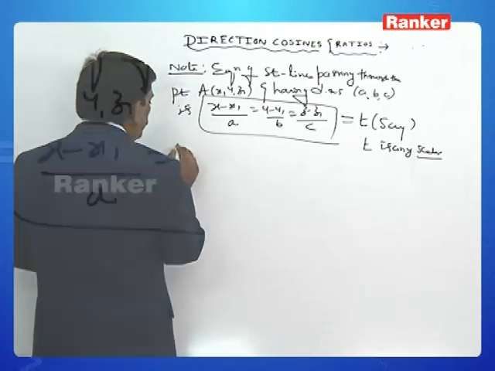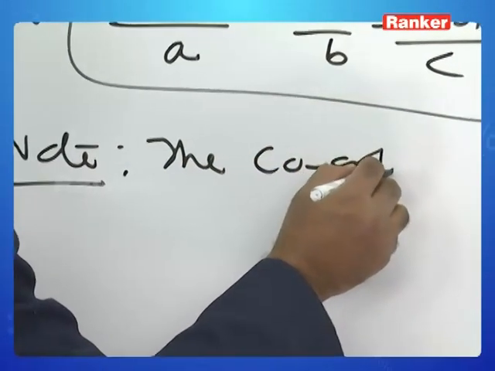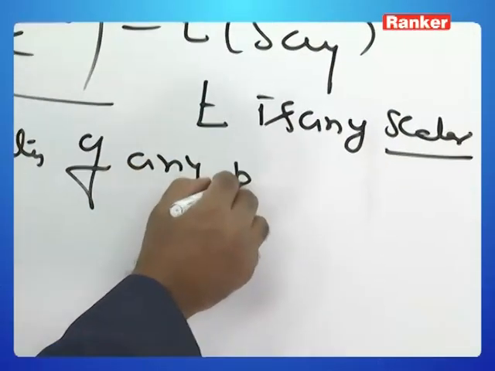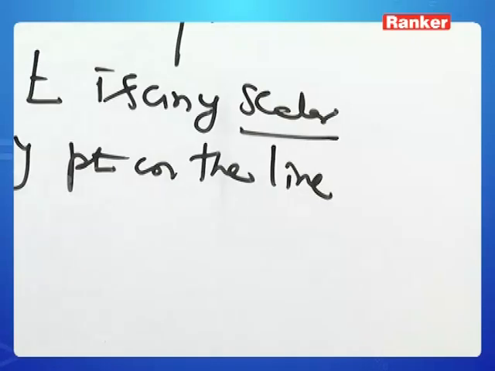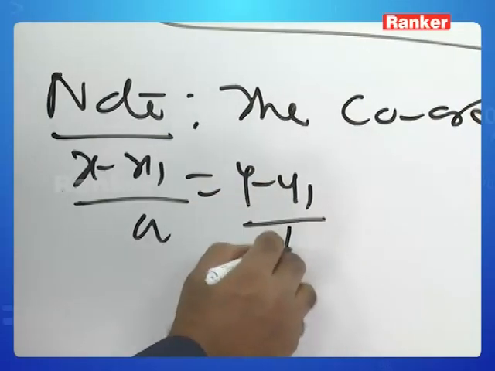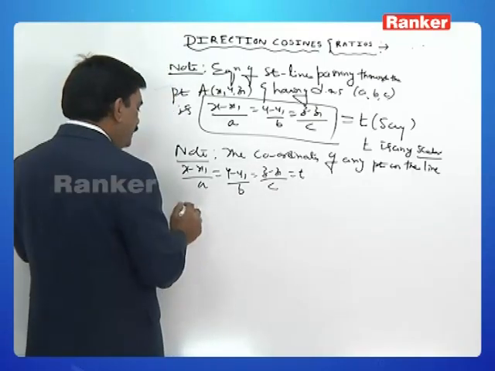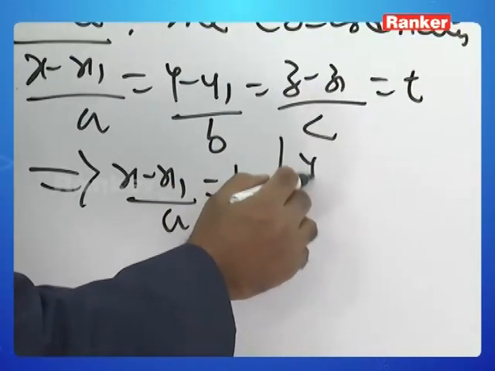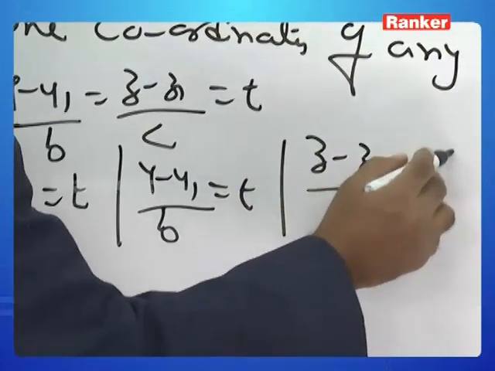Next note: the coordinates of any point on the line (x minus x1) by a, (y minus y1) by b, (z minus z1) by c is equal to t, which implies (x minus x1) by a is equal to t, (y minus y1) by b is equal to t, (z minus z1) by c is equal to t.